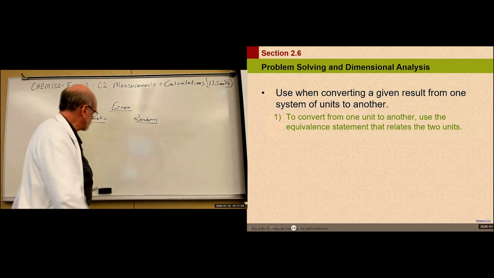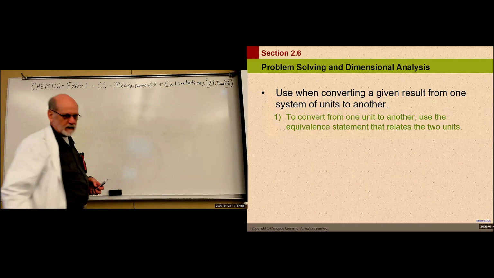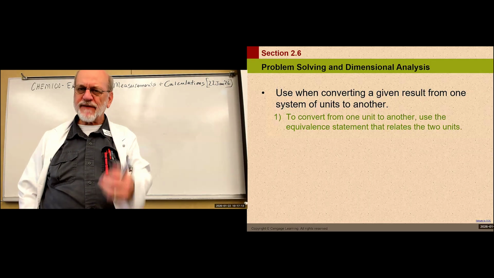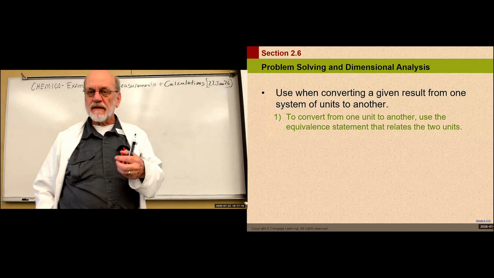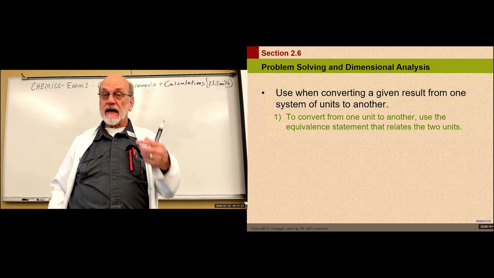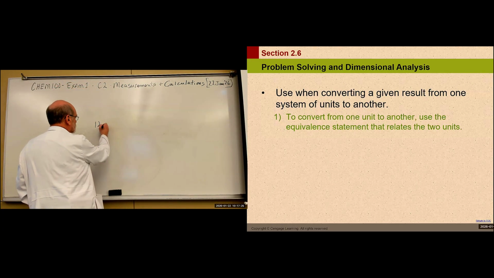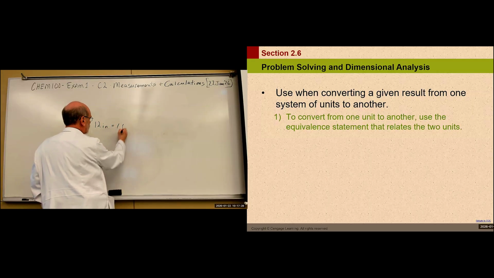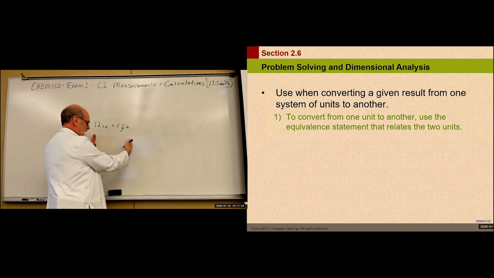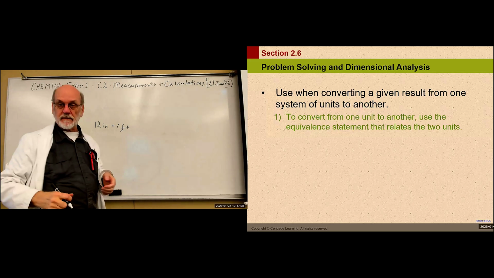All right, so how do we do a unit conversion? You need some type of factor that is derived from an equivalence that relates those two units. For instance, 12 inches equals 1 foot, right? So if I have a ruler, I know that it's 1 foot, but it's also 12 inches.